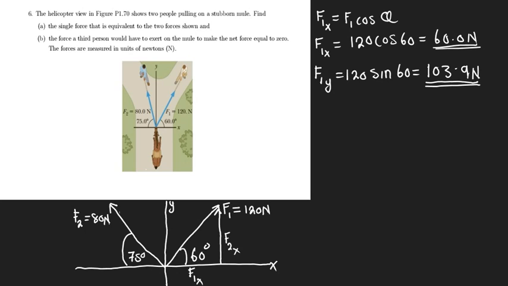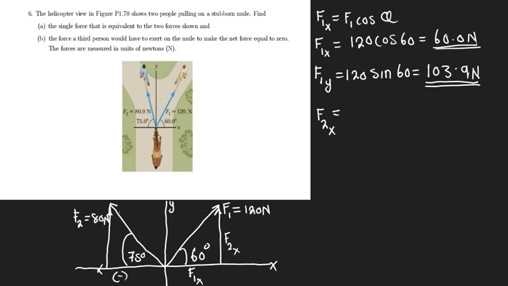Now let's get to F2. For F2, we also have a vector moving upward, and this vector is holding up to the resultant, which is F2. To calculate, F2x is this vector moving in this direction. So F2x is going to be negative because our vector is in the negative direction.